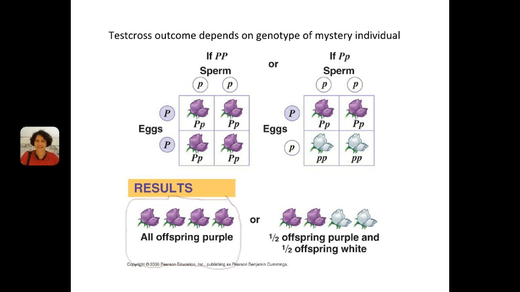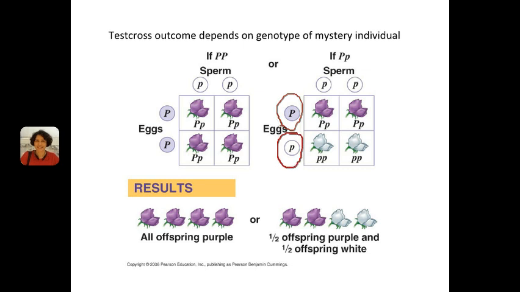Now let's take a look at the other situation. Again, the homozygous recessive parent is a given, is known, and then the other parent is showing us the other case in which you can have an individual that is phenotypically purple, but it is heterozygous or hybrid, so it produces 50% of gametes with the purple allele and 50% of gametes with the white allele.